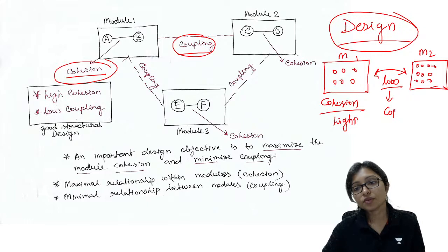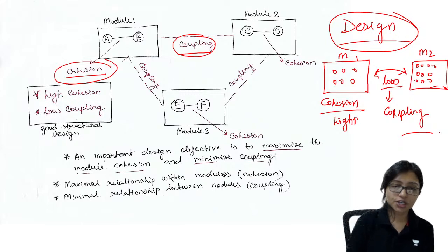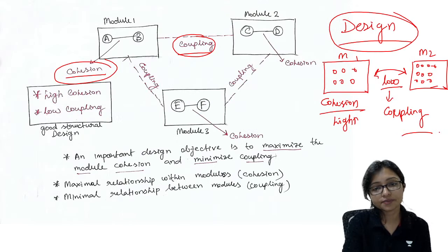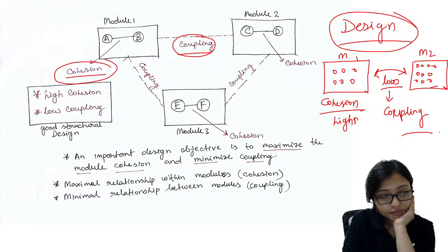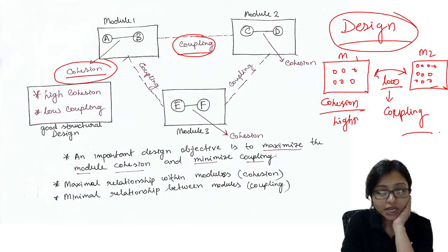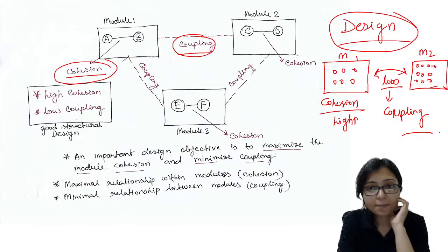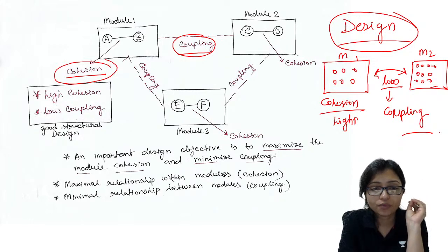So always we will focus on low coupling but high cohesion. What is the meaning of cohesion and coupling? Is it clear? Within a module is cohesion and between the modules is coupling, and coupling should be low and cohesion should always be high.